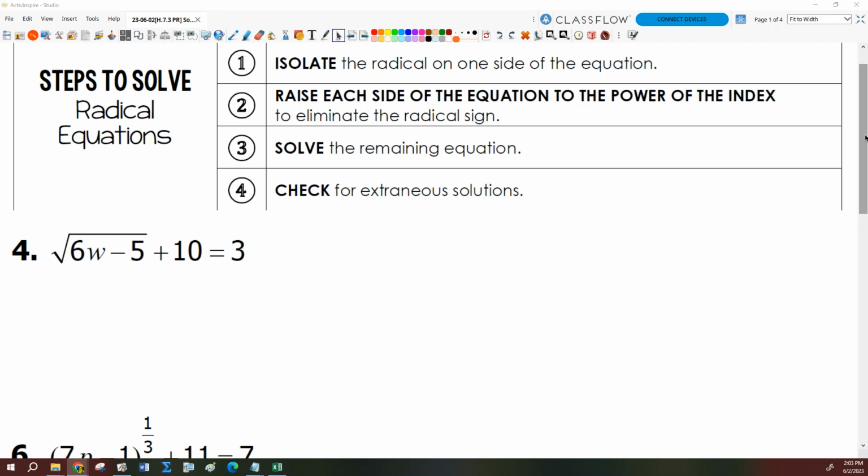You're gonna add or subtract 10, right? First, good. Subtract 10. And then that's going to give us square root of 6w minus 5 equals -7. Now what?